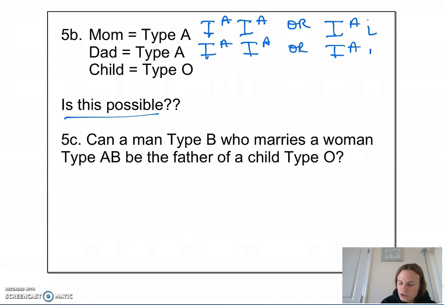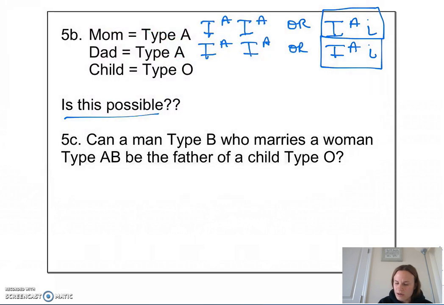Would it not be true that if both mom and dad were heterozygous, and I ended up doing a Punnett square, I could potentially end up with a child that has blood type O? So yes, that would be possible.